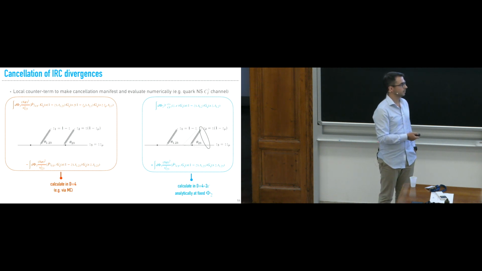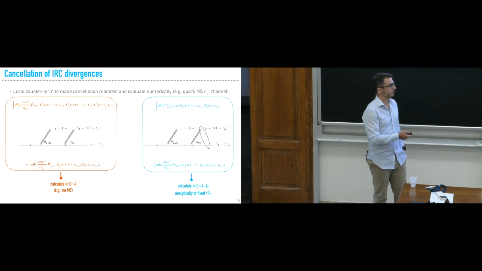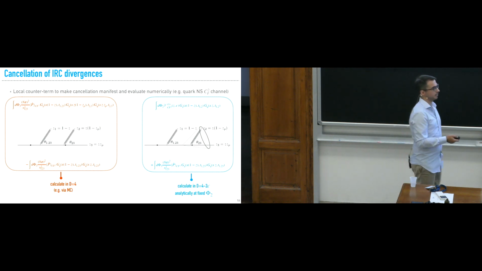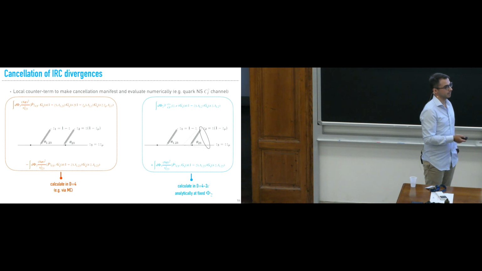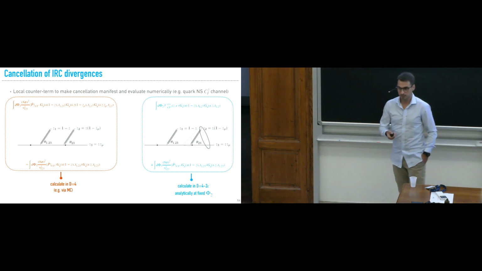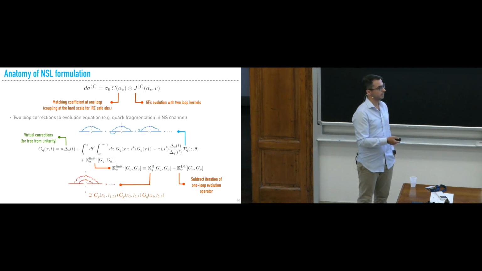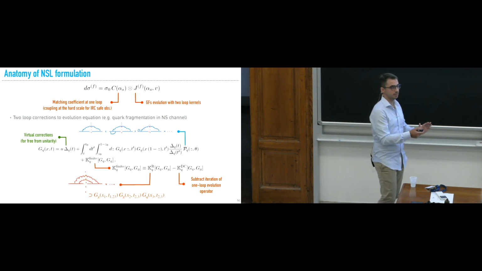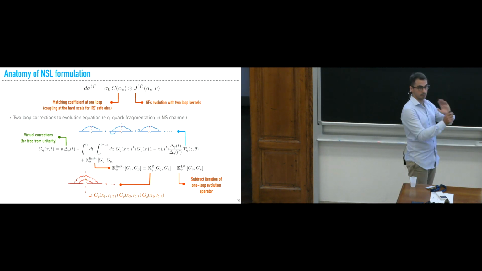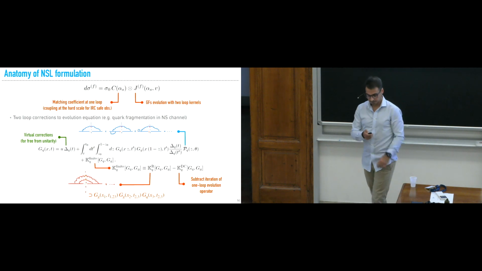The guy with the minus is organized in a way that cancels the singularities of the real, and therefore this whole contribution is finite in 4 dimensions, and the piece with the virtual can be integrated analytically in d dimensions at fixed 2-body phase space, and you end up with these ingredients that then go into this evolution equation that now is made completely finite in d equals 4. So we can set epsilon to 0 at the integrand level and do the calculation in principle numerically.